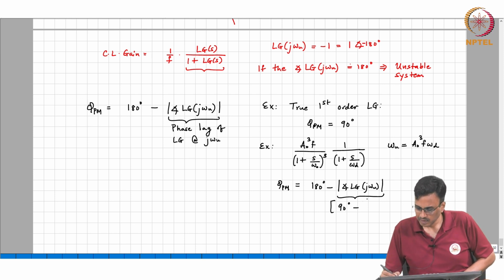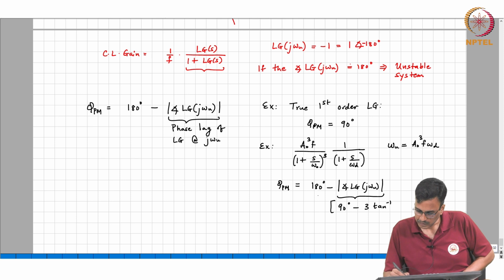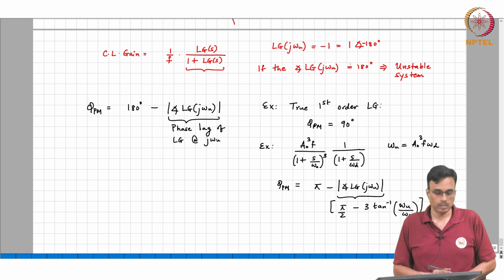Then, since we are doing everything in radians, we should do this also in radians: plus 3 tan inverse omega u over omega naught, right, that is the phase lag.